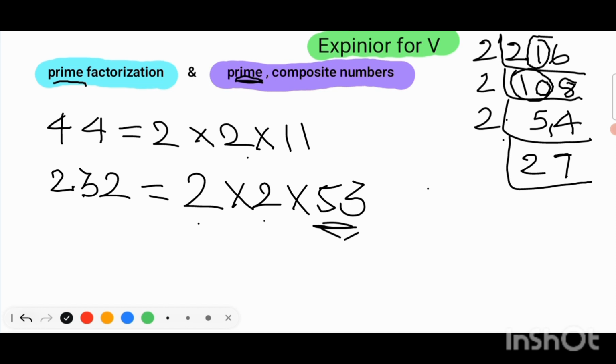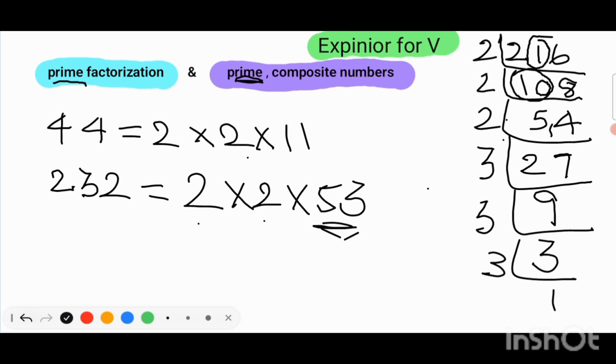Now 27 is no more a multiple of 2, it is a multiple of 3. Sorry, 3 9s are 27. Again 9 is also a multiple of 3. 3 3s are 9. 3 1s are 3. So this is how it goes.